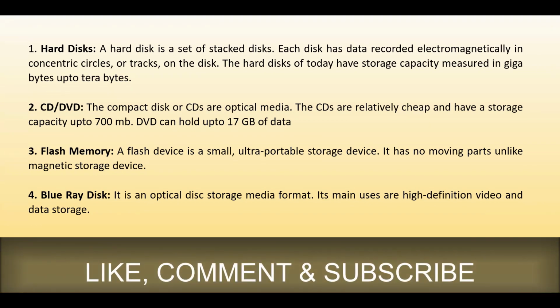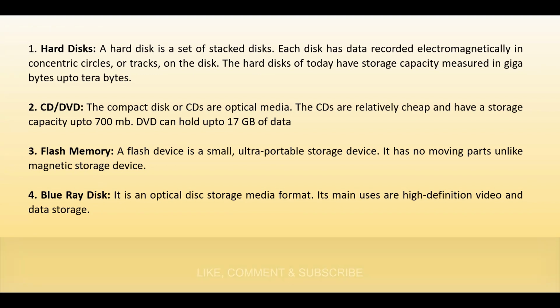Each disk has a recorded electromagnetic surface in concentric circles or tracks on the disk. The hard disks of today have storage capacity measured in gigabytes up to terabytes. You can purchase a terabyte, that means a very large amount of space in your hard disk.